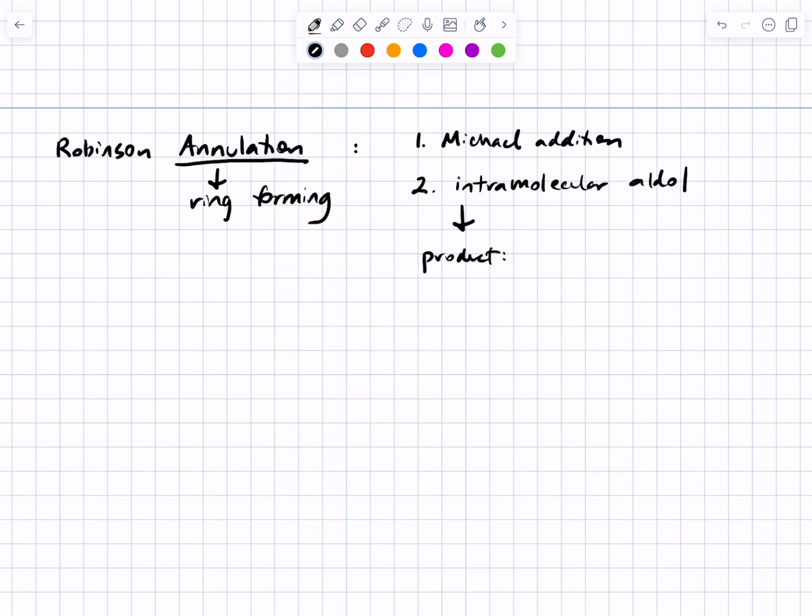The product is always a cyclohexenone, which just that basic structure, cyclohexenone, that's what it looks like.